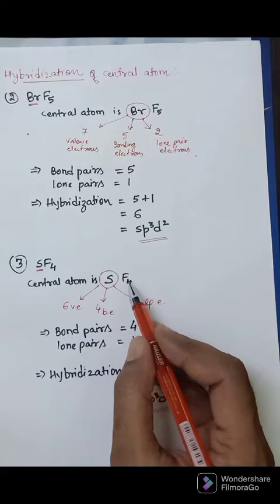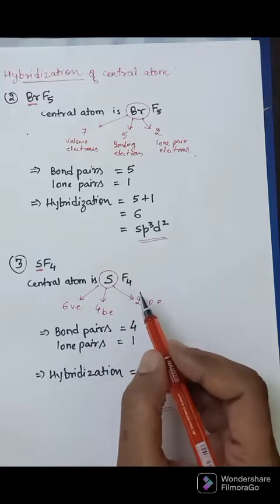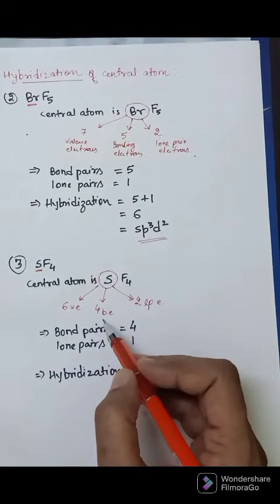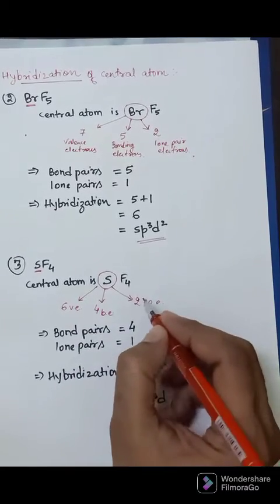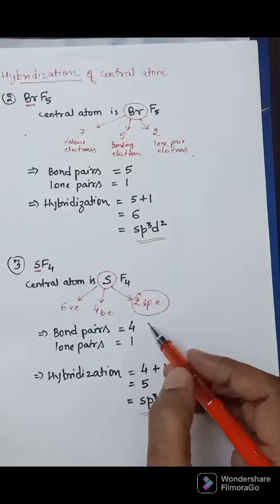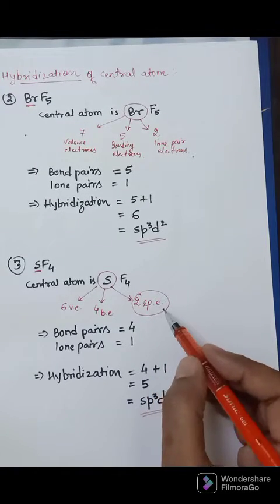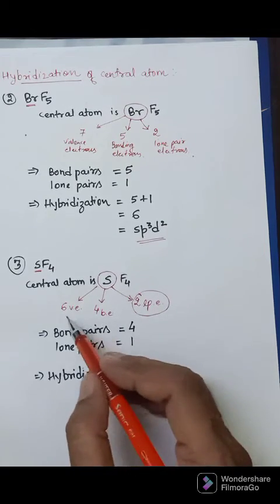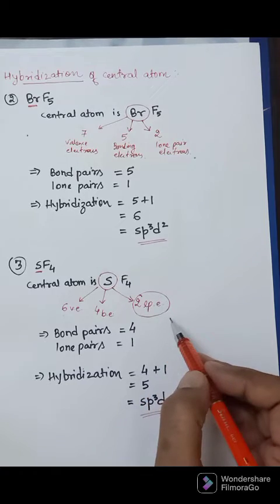There are 4 fluorine atoms, so 4 bonding electrons will be involved in bonding with the 4 fluorine atoms. Now 6 minus 4 equal to 2. It will be 2 lone pair electrons. So sulfur has 6 valence electrons, 4 bonding electrons and 2 lone pair electrons.